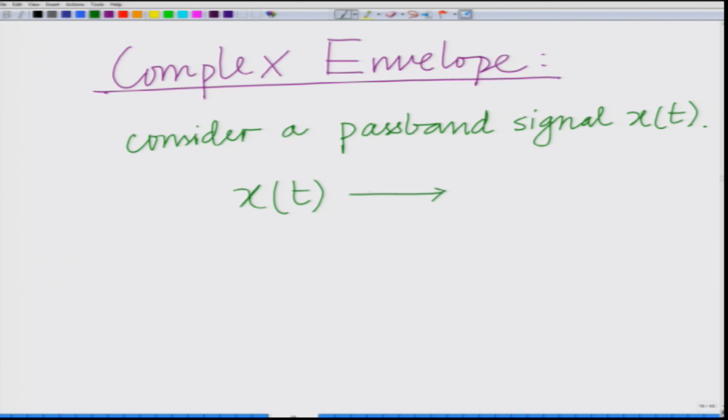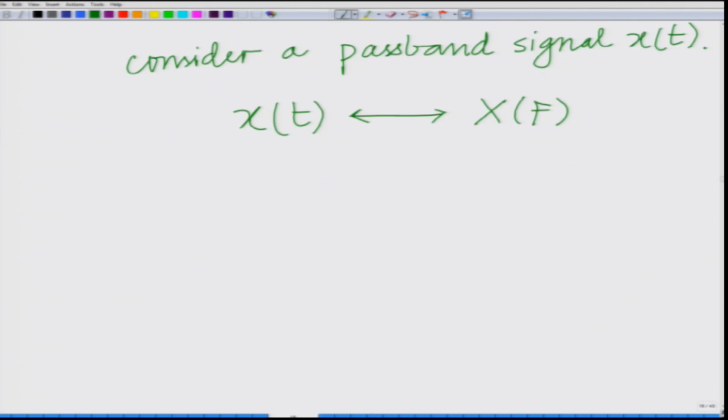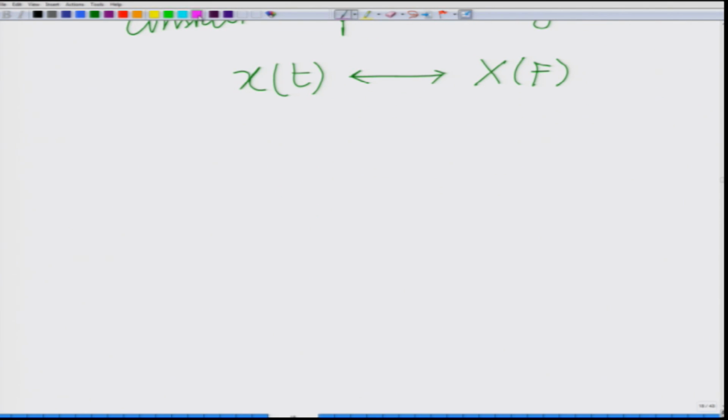Naturally, a passband signal has a Fourier transform that is centered around a carrier frequency f_c. So, let us start by considering a passband signal x(t), which has a Fourier transform that is centered around the carrier frequency f_c.